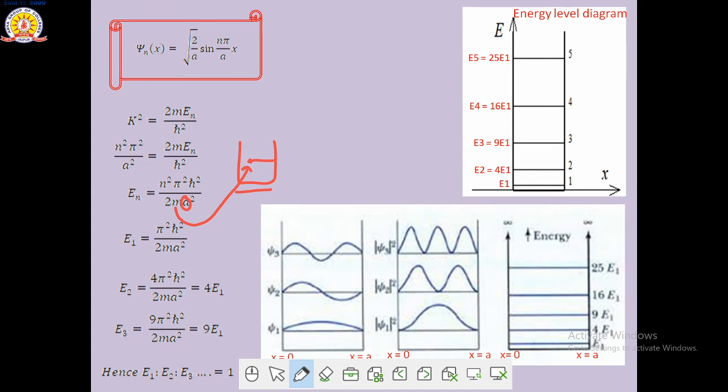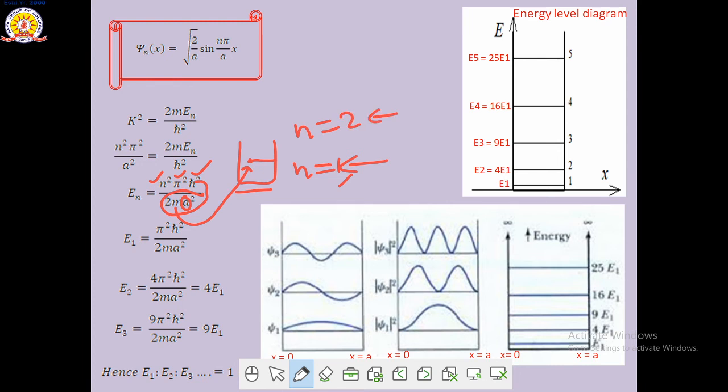So h cross is a constant, π is a constant, and n is the number of the energy level. If you put n equal to 1, it will be the ground state energy level. If you put n equal to 2, it will be the first excited state energy level.